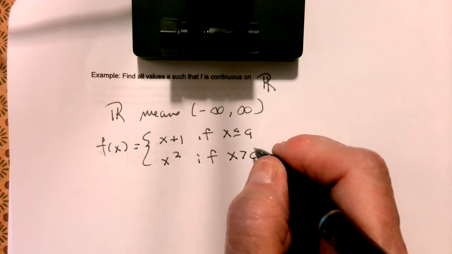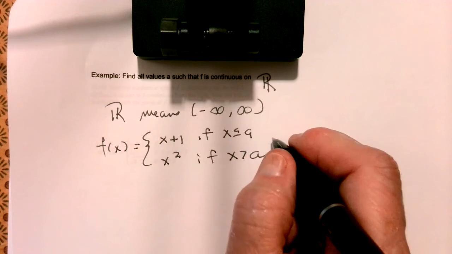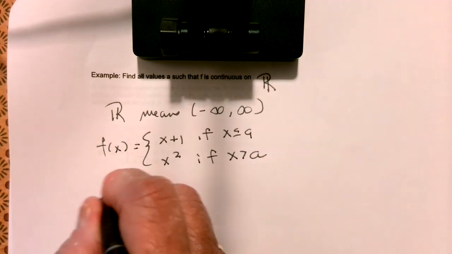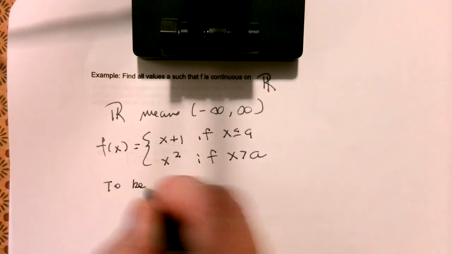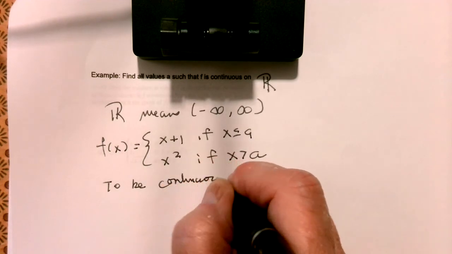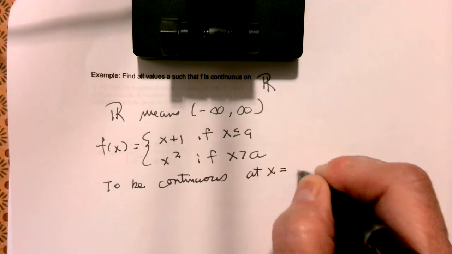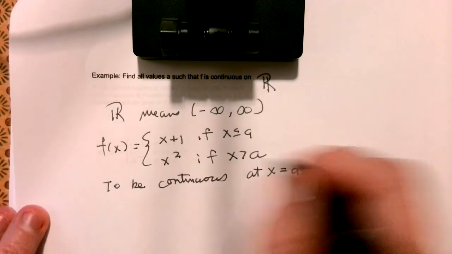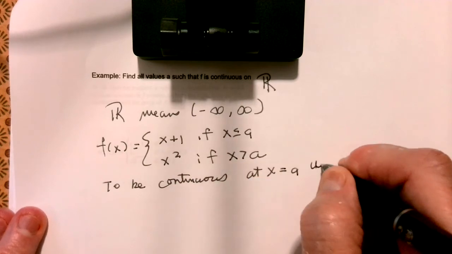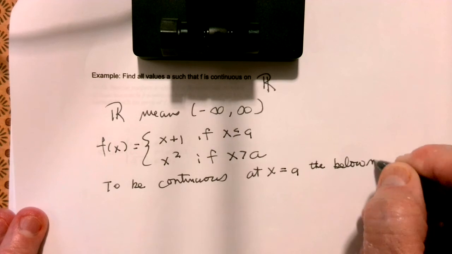So what we want is to be continuous at x equals a, so all of the stuff below must be true.